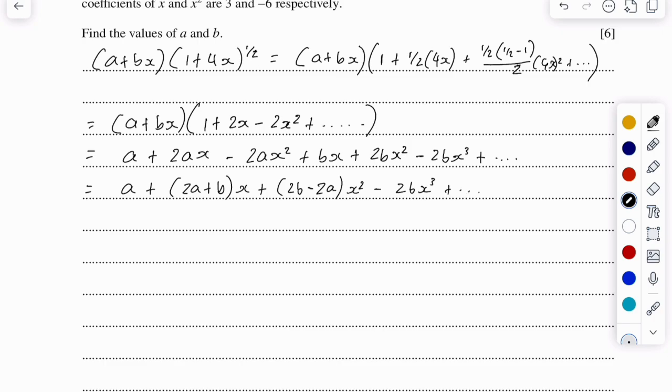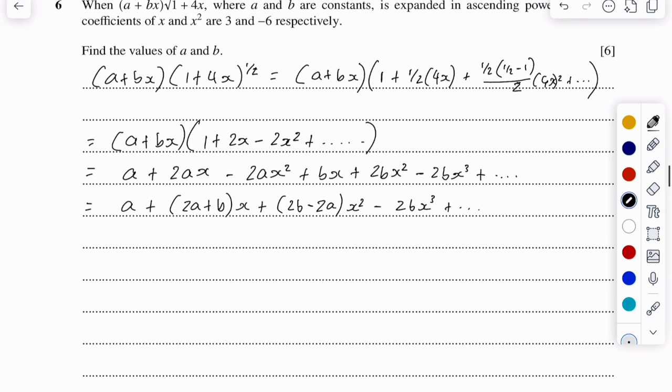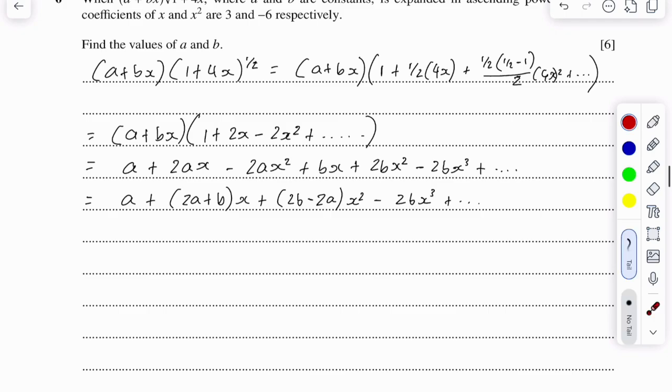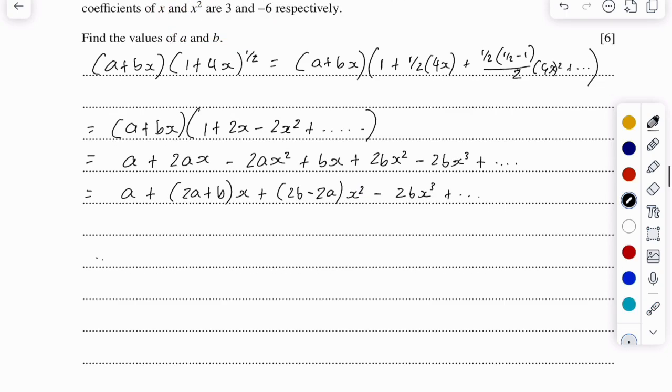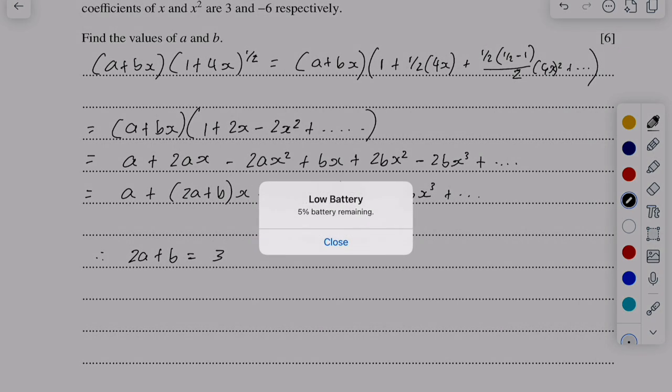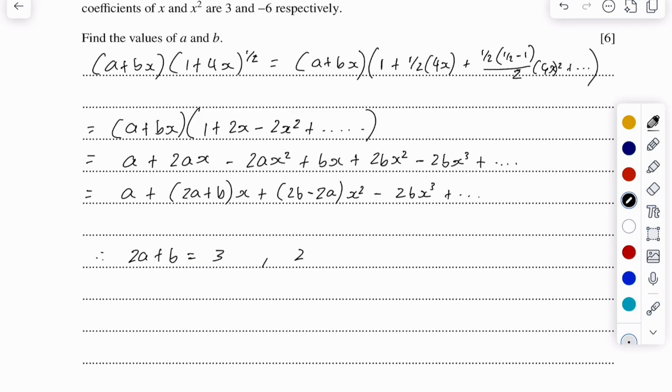So we know that the coefficient of x is 3 and the coefficient of x squared is negative 6. Therefore, I can say 2a + b equals 3, and 2b - 2a is equal to minus 6, because of our x squared term.